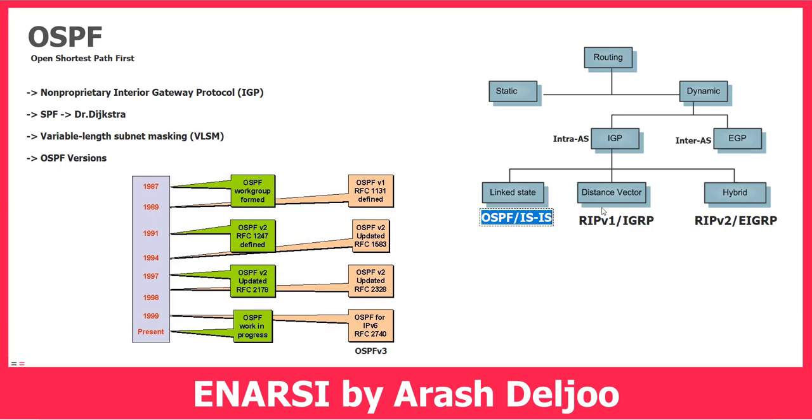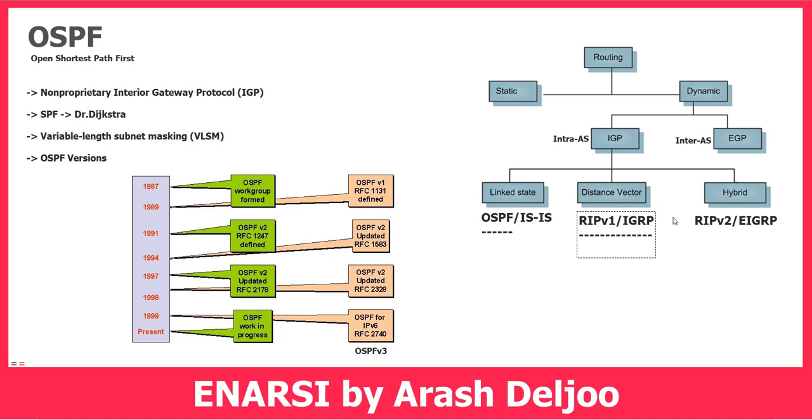Now we are starting to talk about OSPF, or Open Shortest Path First. Maybe you ask me what the benefits of OSPF are compared to other protocols. You will learn about the details, but let me say that the first IGP protocols are RIP version 1 and IGRP, the distance vector protocols.